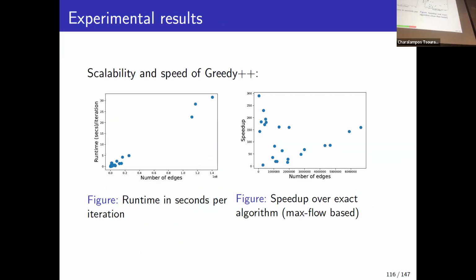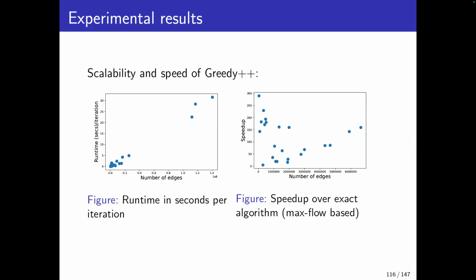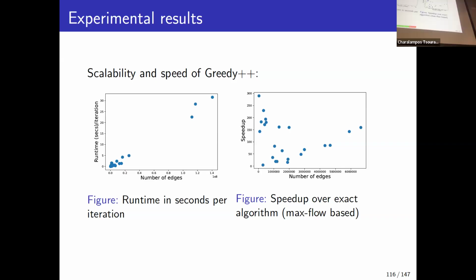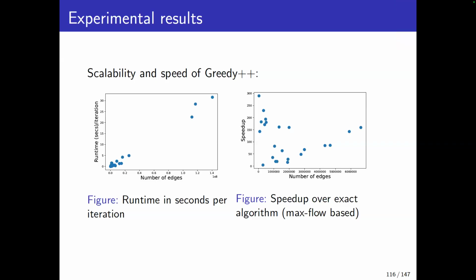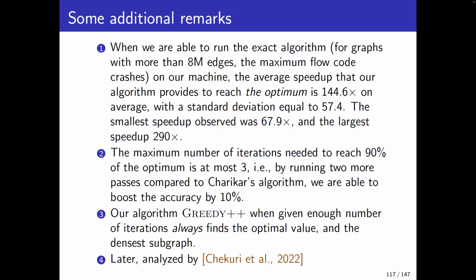The scalability and the speedup were really very nice. In general, for large graphs with many edges, you can get speedups of more than 100 times. And as I said, it has been analyzed in depth. Tsourakakis actually showed that you need to set the number of iterations of greedy in a certain way.